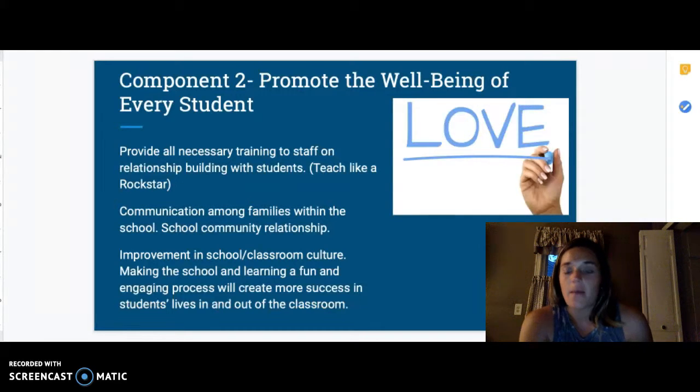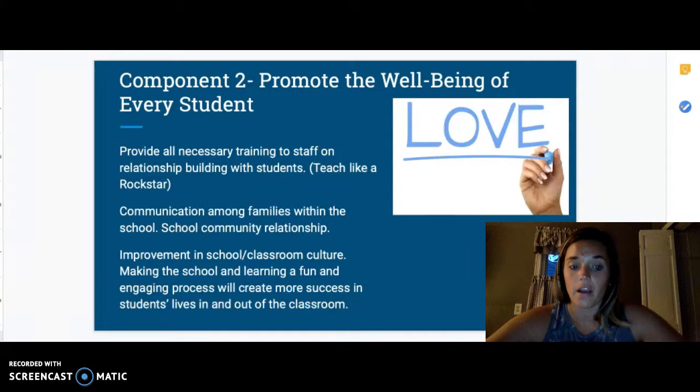Obviously you have a line that you have to watch and not cross over, but showing the students, letting them know that you love them, that you value that they are there, making sure to communicate with their parents what's happening in the school. Having that student interaction with other colleagues too, this is where you'll be next year, look what you can work towards, this could be your teacher, and just having that positive interaction. And then that would help improve the school's culture, so the school can be a fun place for students to experience success. And then that can carry with them out in the real world.